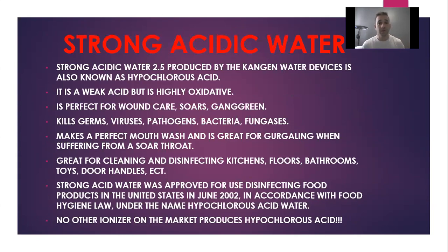Some manufacturers don't really promote it, but they even produce devices that only produce this one water and can be over $3,000. So with the Enagic, you're getting everything in one package.